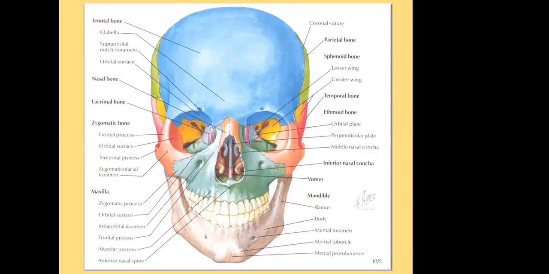This is the osteology of the head, particularly the structures which are involved in the orofacial area. And you can see up the frontal bones, the nasal complex, the zygomatic complex, the maxillary complex, the mandibular bone.